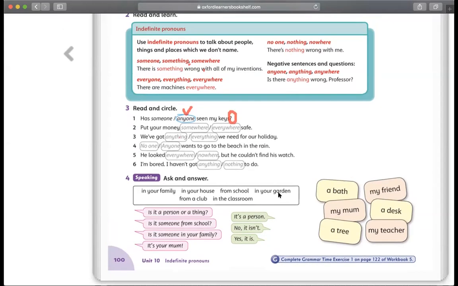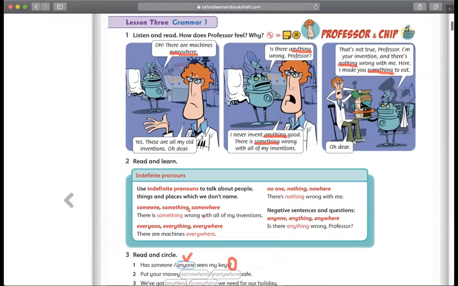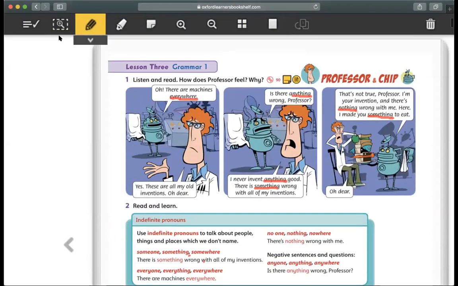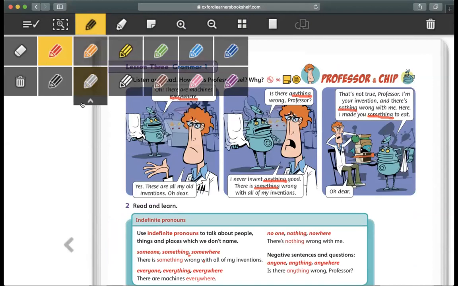How do you think? If I put here somewhere or everywhere, everywhere means all places. Is it safe to put money in all places? No, of course not. The correct answer is, let me do this, wait a minute.